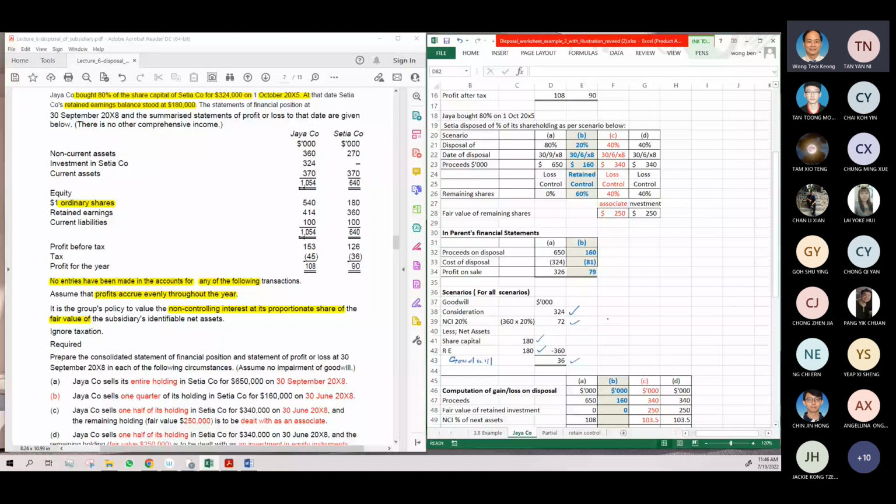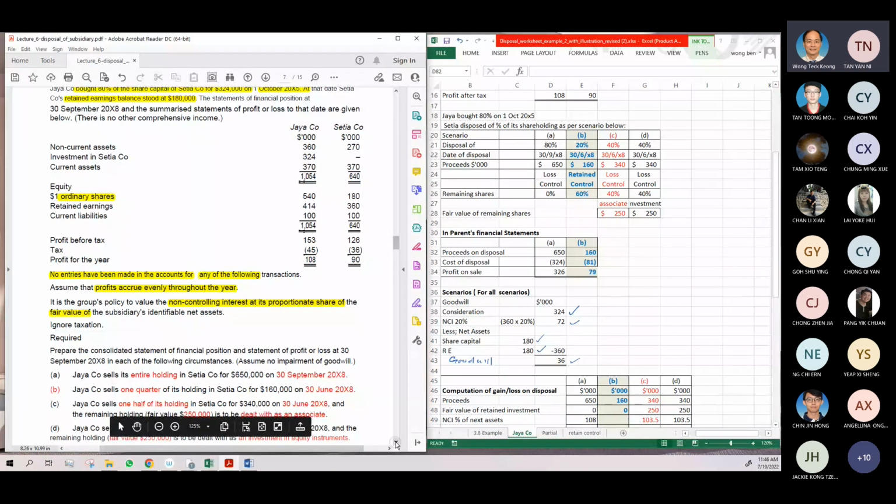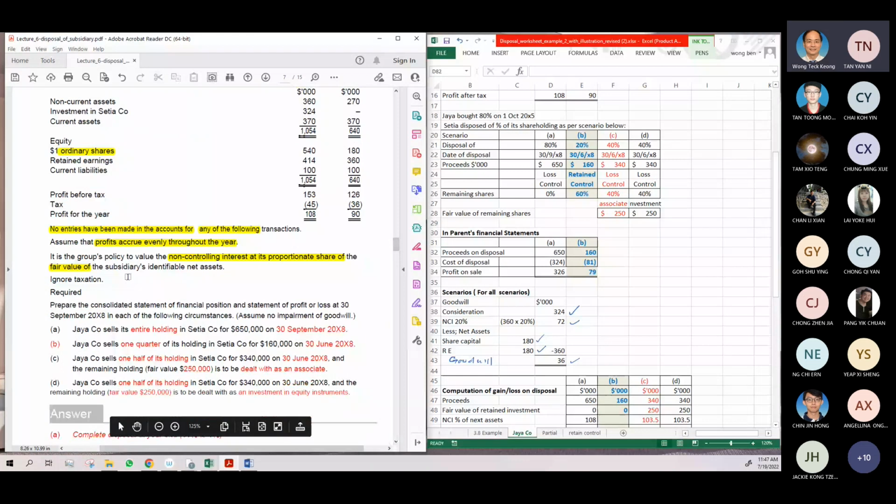So now we come back to the question here. This question is a very comprehensive example. What is required of us? Prepare consolidated SOFP and P&L at year end 30th September X8. First one, A: Giant sells its entire holding for 650 on 30th September X8. You sold everything, so this is a full disposal.